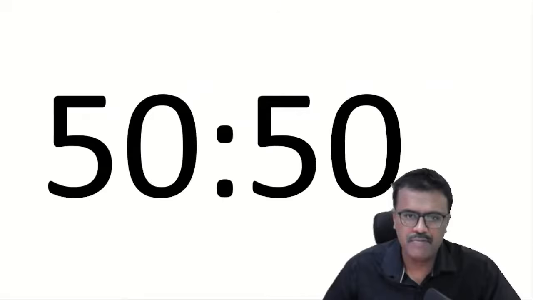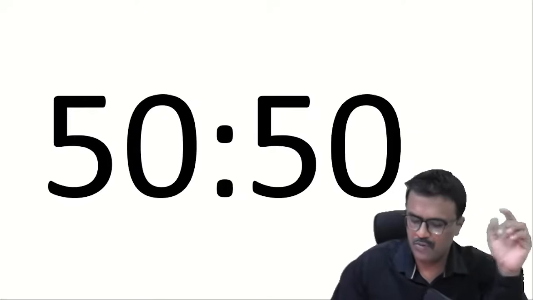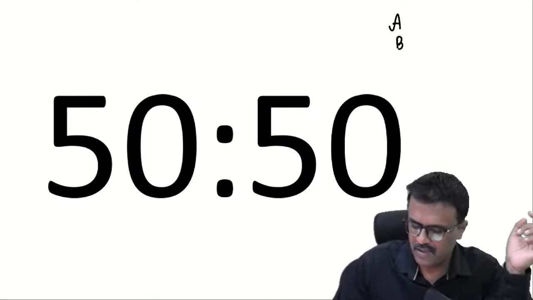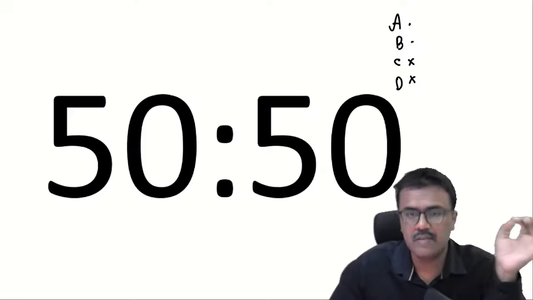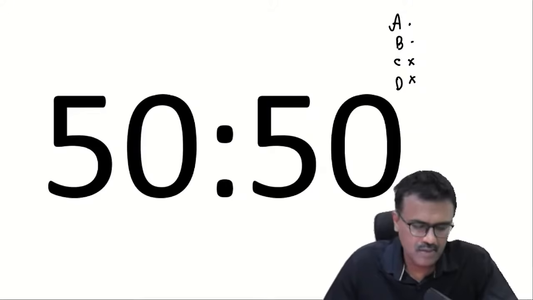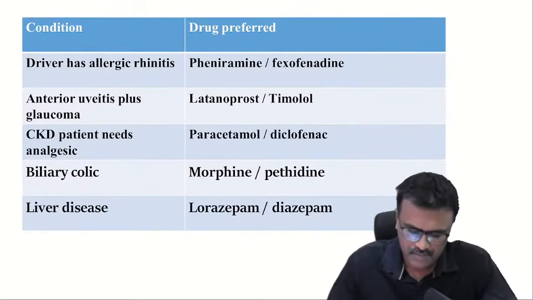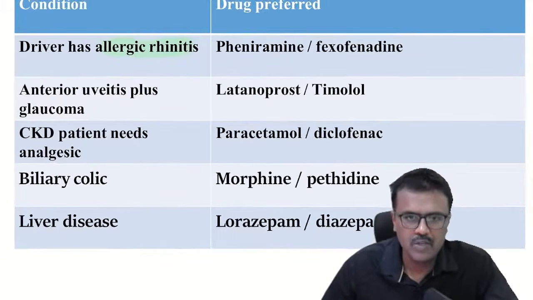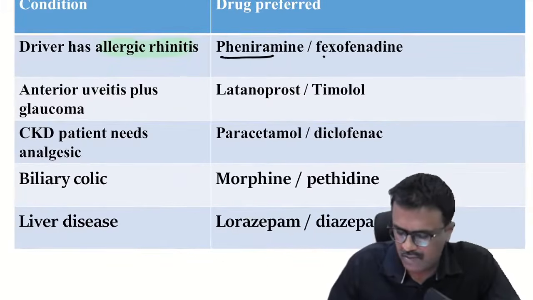So let us play a 50-50 match. 50-50 means there are 2 options, because in the exam we have 4 options A, B, C, D. We are able to rule out 2, but we are stuck with A and B. So let us see the logic here and answer these questions. A driver has allergic rhinitis and you want to prescribe an antihistamine. Will you prescribe pheniramine or fexofenadine?